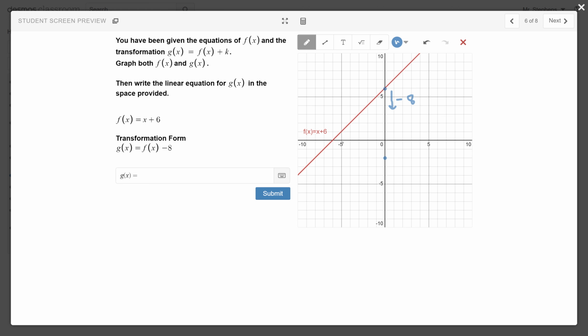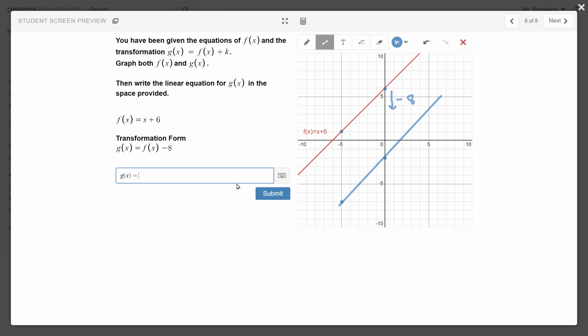Let's drop this down to 2. 1, 2, 3, 4. I'll put it down here. 2, 3, 4, 5, 6, 7, 8. Aha. So the graph will look something like that. Oh yeah, they should be parallel because they have the same slope. We're all done. x plus 6, right?